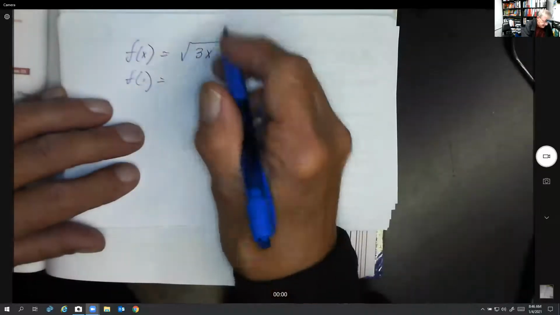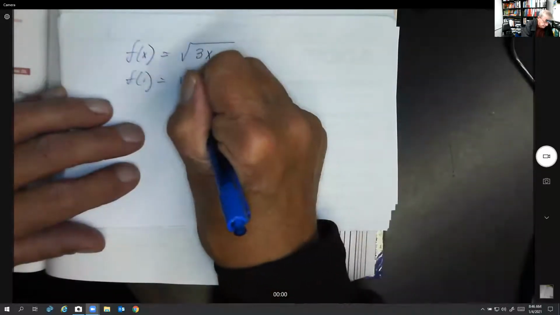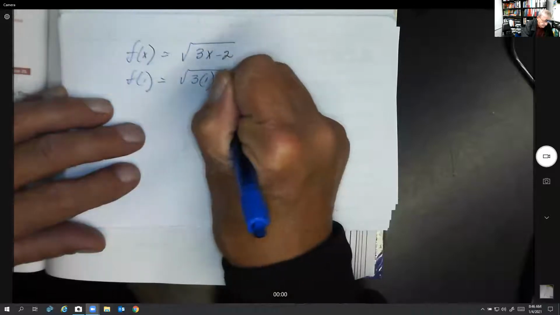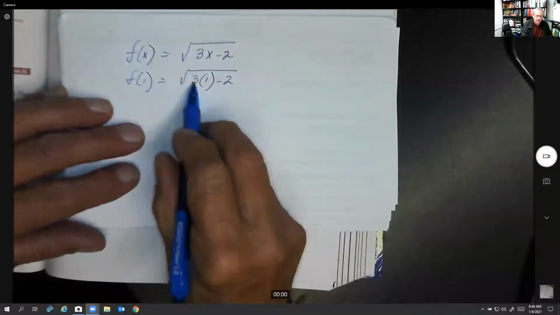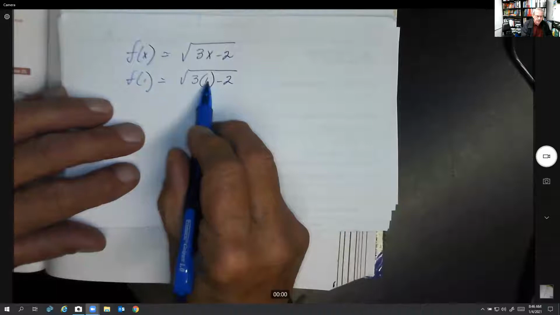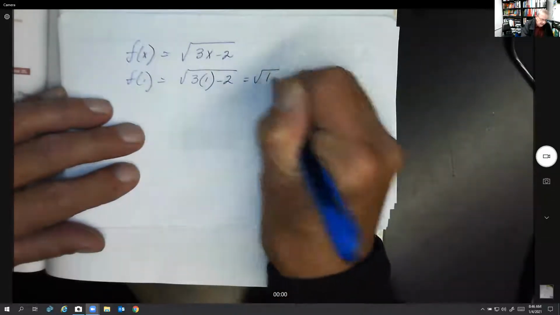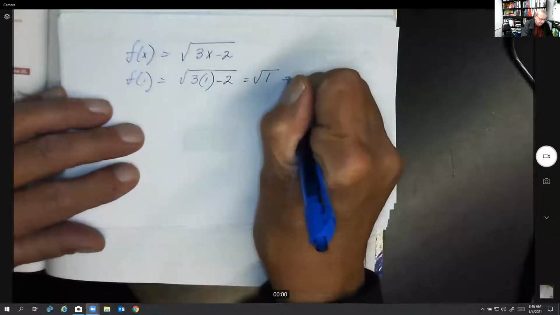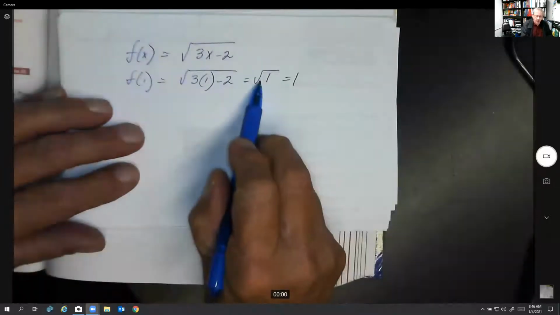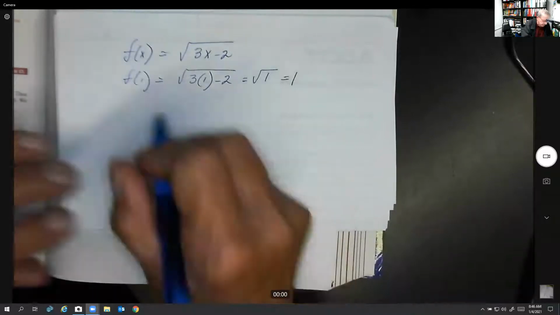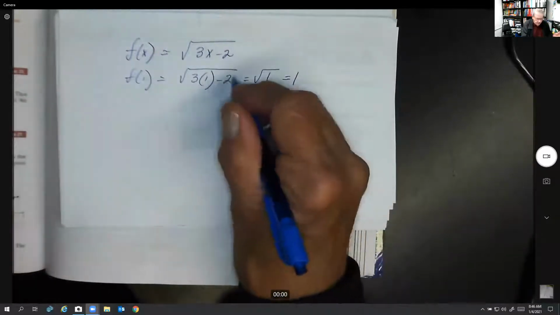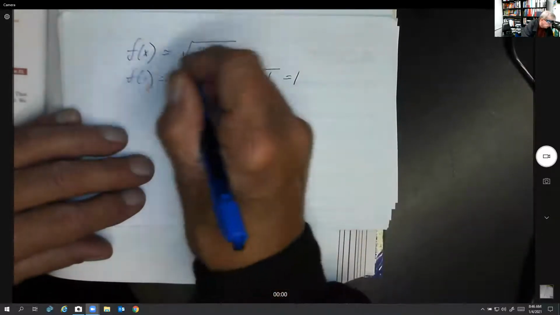So all they're asking us to do is replace this x with a 1. 3 gives me 3, minus 2 is 1, and the square root of 1 is 1. If possible, always take the square root. If it's going to come out a strange number, sometimes we leave it.